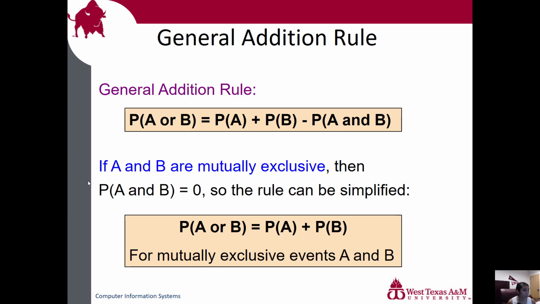So for example, if you want to calculate the probability of a random day being a January day or a Wednesday day, you can use this formula where the probability of A or B is equal to the probability of A plus the probability of B, and then you subtract the probability of A and B. So here's an example.